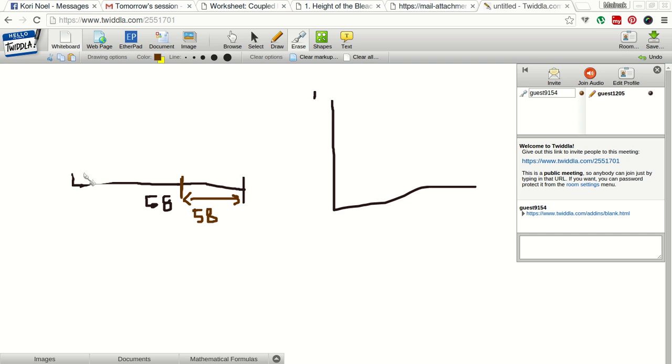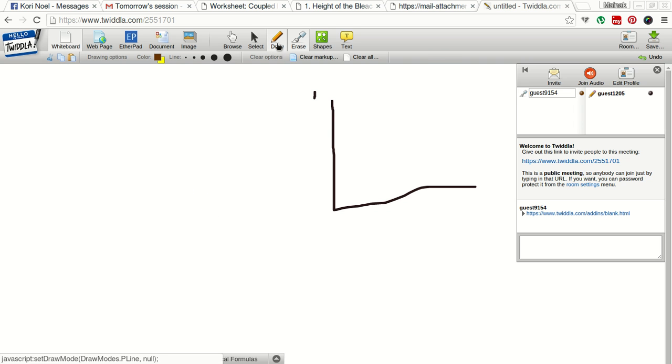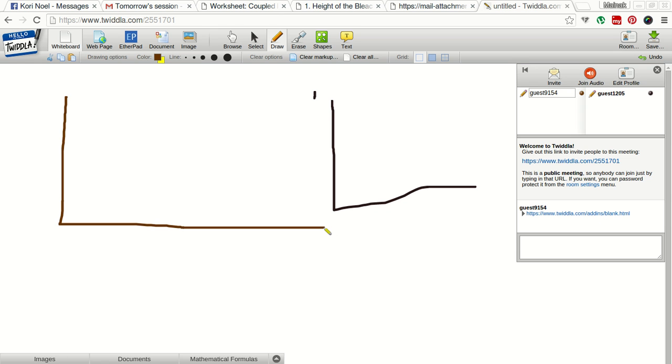Let me erase this one for a moment. Now the thing with a graph is whenever you are drawing a graph, you have to specify the two coordinates: which one is in the x direction, which one is in the y direction, correct? Yes.